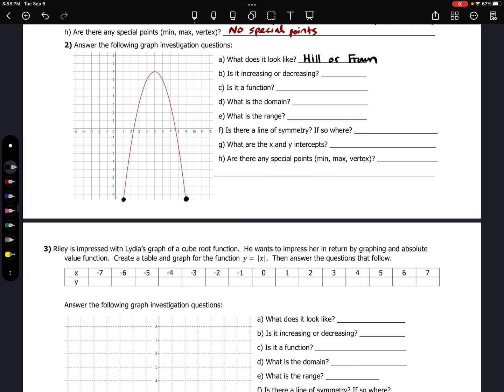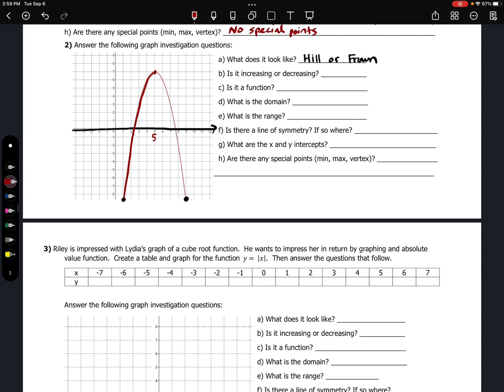So increasing or decreasing? Remember, we read this from left to right. So as you go from left to right, is it increasing or decreasing? Let's just trace it with our pencil. As I'm going from left to right, it looks like I'm going up. So this one's increasing until we get to right here where x is 5.